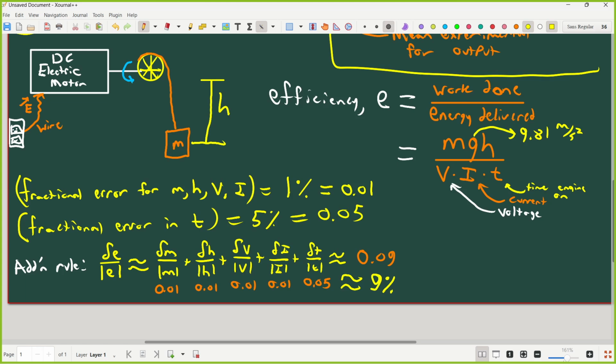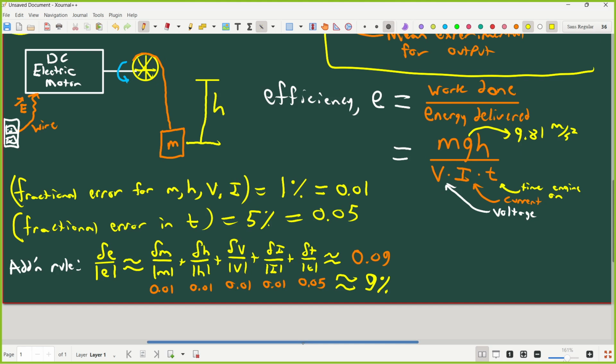Really easy, just add them up. But what we're going to find is this number is overestimating the error significantly. And I want to explain subtly the differences between adding in quadrature and just adding straight through and what they each represent.